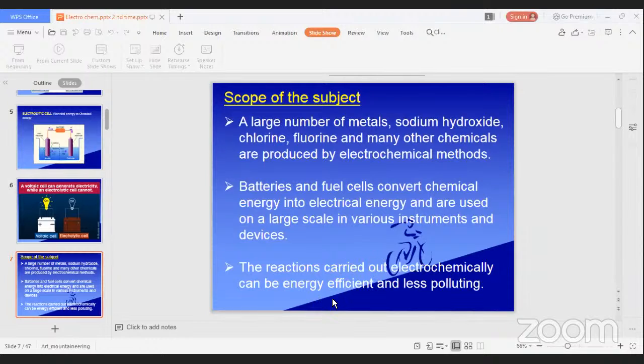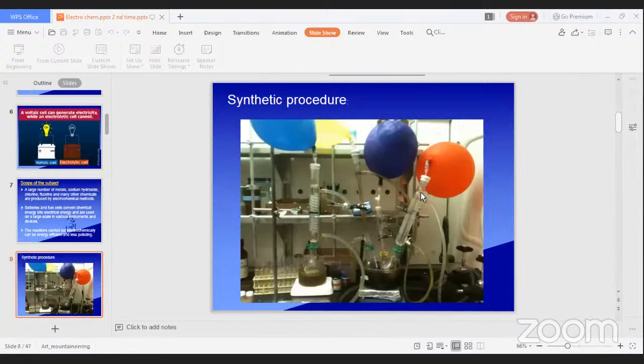It requires less energy for a chemical reaction. See this one, this is a normal organic chemical reaction. It requires solvents and high temperature, as I already explained. Compared with synthetic chemistry, electrochemistry has better benefits.